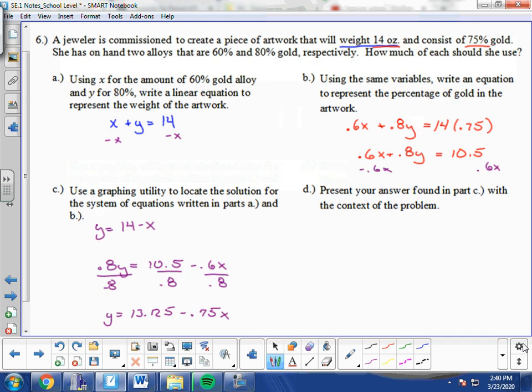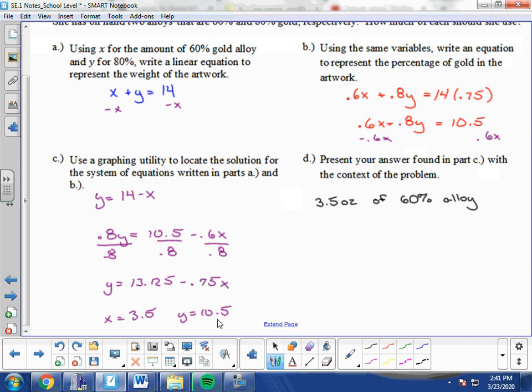So there are 3.5 ounces of 60% gold alloy that she must use. Y is 10.5. What does Y stand for? Y stands for the 80%. So there's 10.5 ounces of 80% gold alloy.